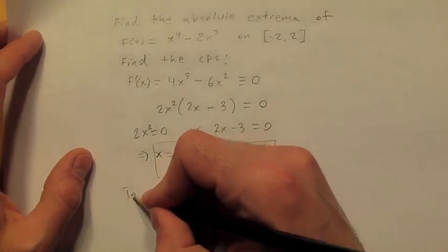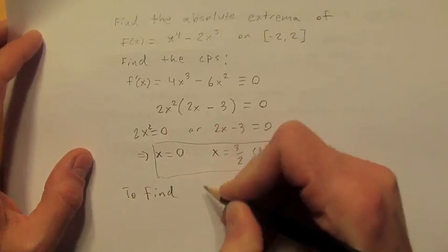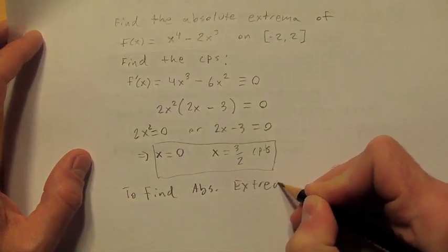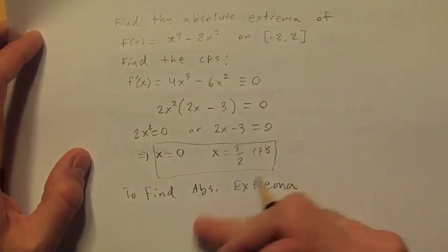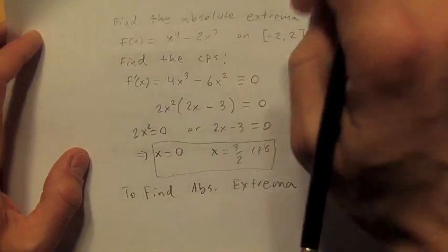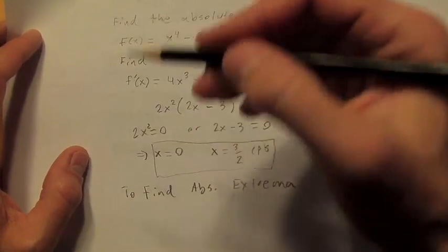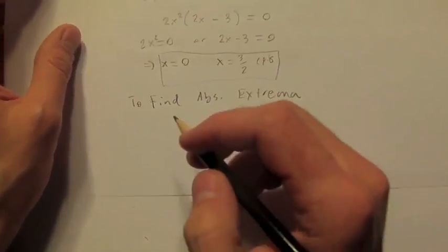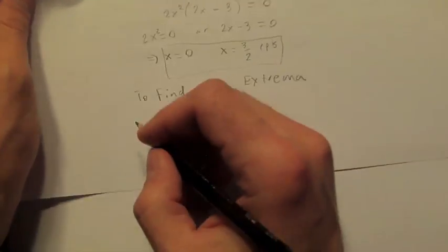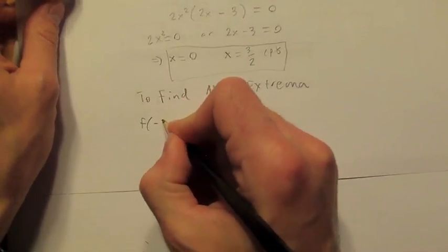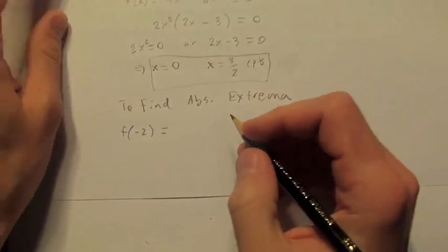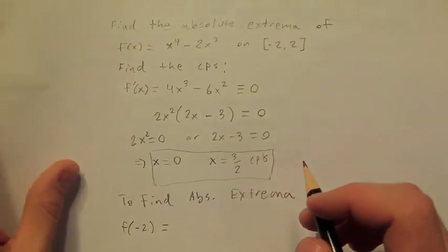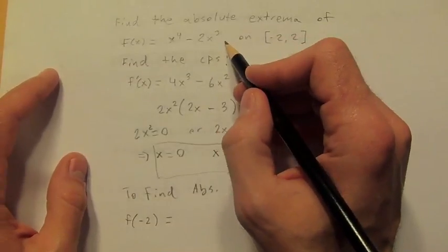and so to find absolute extremes, okay, we basically plug in the endpoints and the critical points back into the original function f. So I just go in order, right? f of -2 is going to be, I like to use the factored form of f when I do this, but it doesn't really matter.